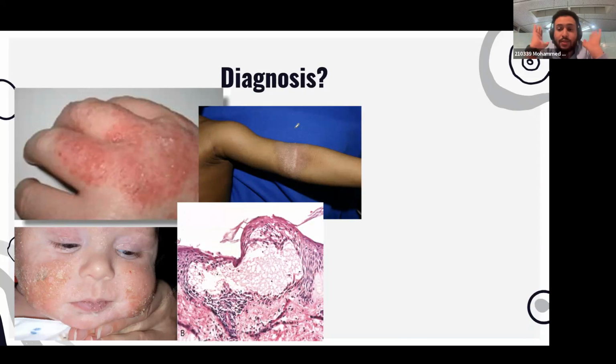You have these very itchy lesions that, in children, not babies, adults would be on the flexor surfaces, and it will undergo lichenification, which is these chronic lesions. Very itchy lesions. They're mediated by what?